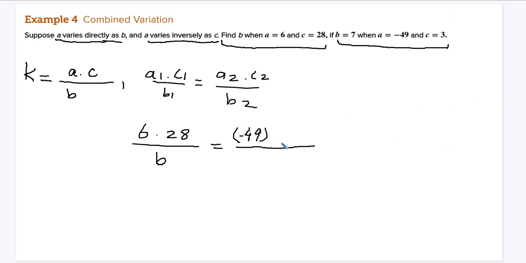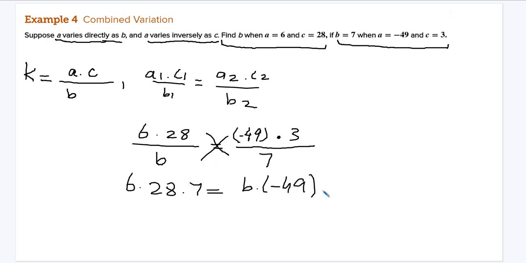-49 times C is 3, so the second number of C is 3, and the B is 7 here. There we go. So we'll just do the math to see what it is. Cross multiply is the best as usual. 6 times 28 times 7 should be equal to B times -49 times 3. Since we are looking for B, we'll divide both sides by -49 times 3.